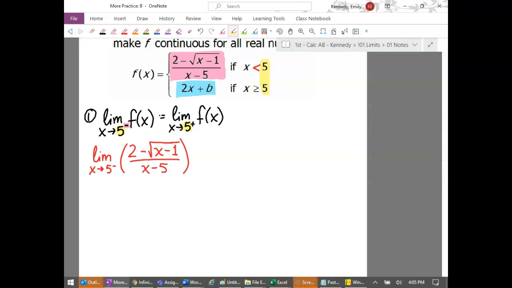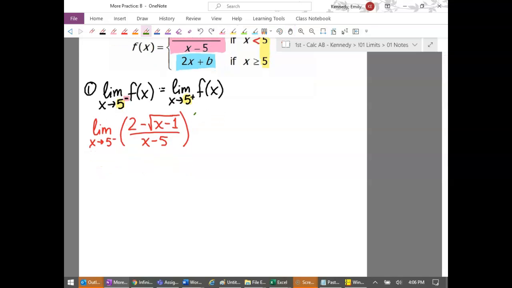So here I have still included the fact that I'm approaching from the left, but it really doesn't affect my work. Approaching from the left is how I chose the red rule. And so in terms of finding this limit, at this point it's just a rationalizing problem. So that's something we've done before.